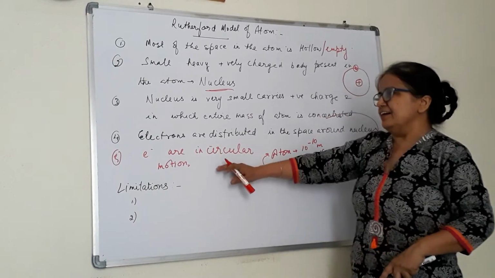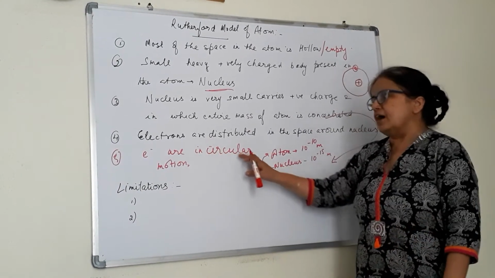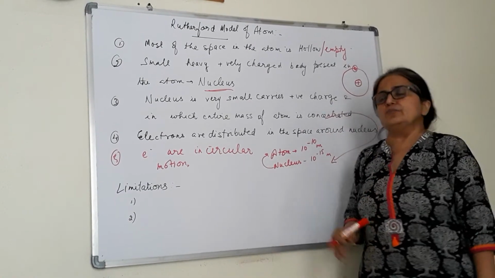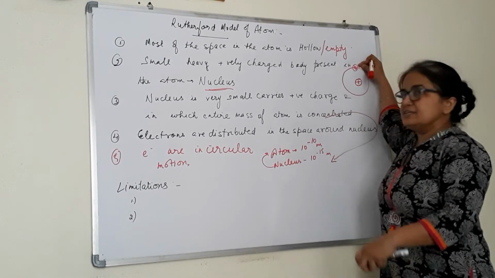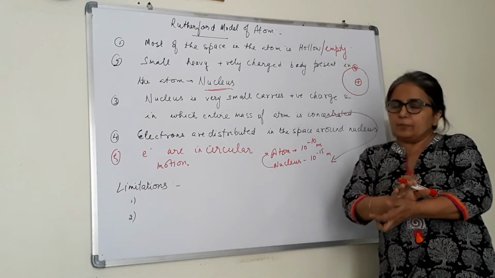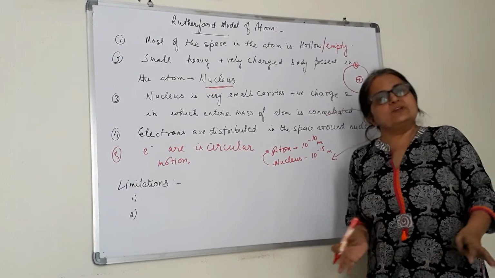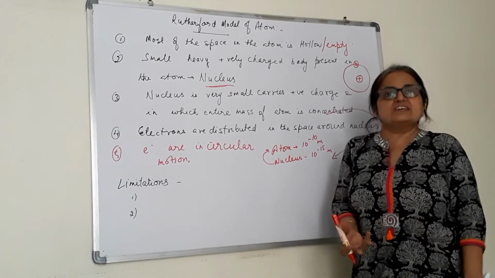But till here we will put it like this: electrons are moving in a circular motion. Why did he say that? Because if only the electron is there, it will be attracted towards the nucleus and the atom should collapse. But it doesn't collapse, it is very much stable. Then how is it stable?